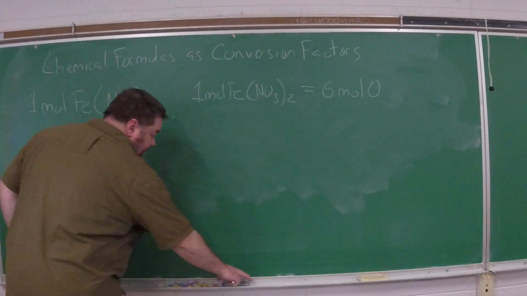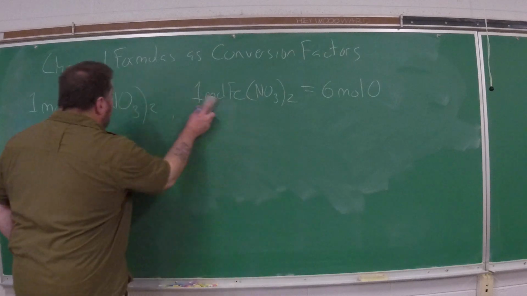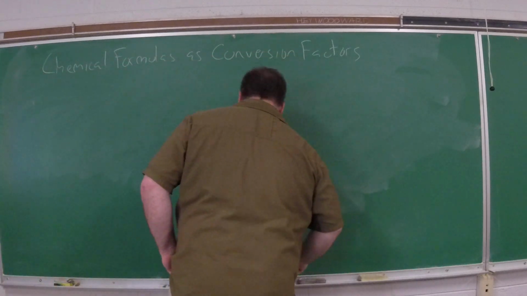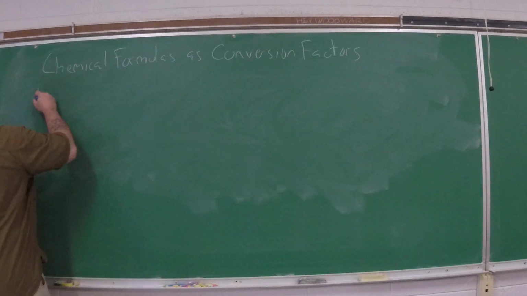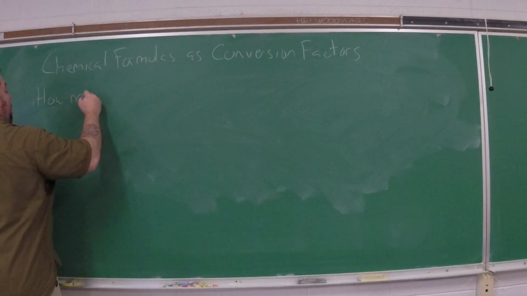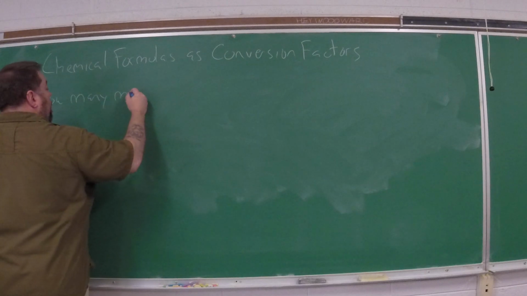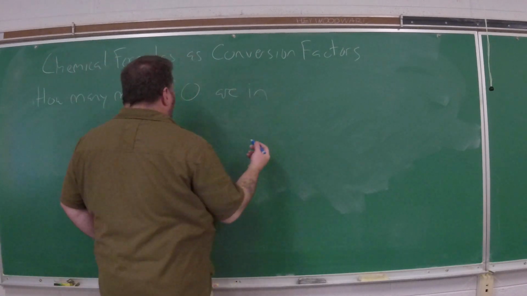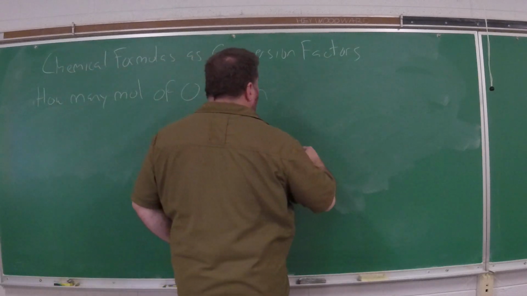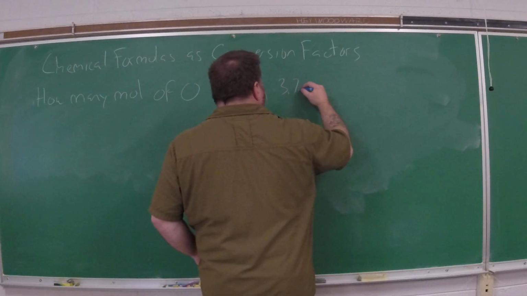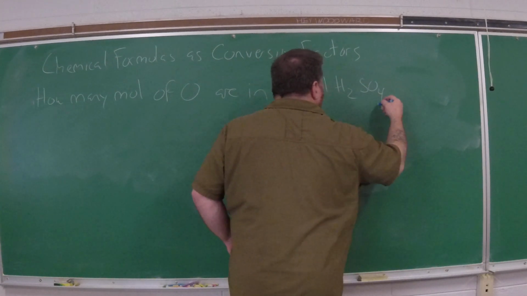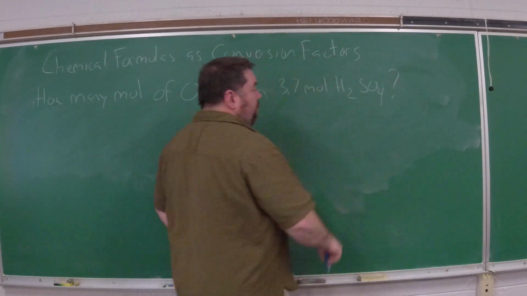We'll actually erase this once again, make some more room. How many moles of oxygen are in 3.7 moles of sulfuric acid, we'll say, okay?